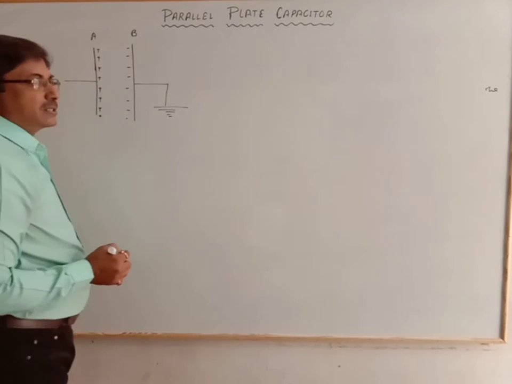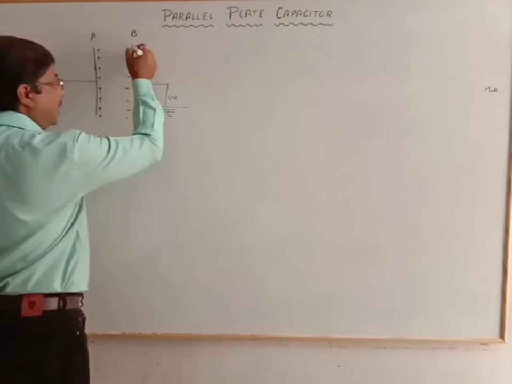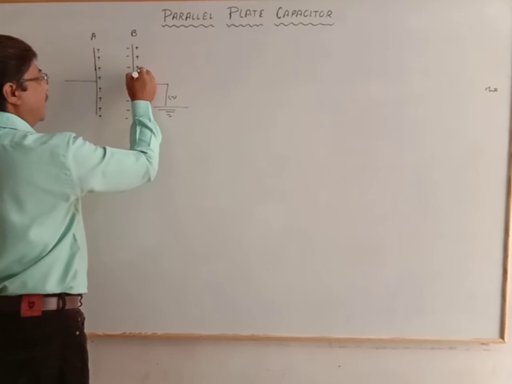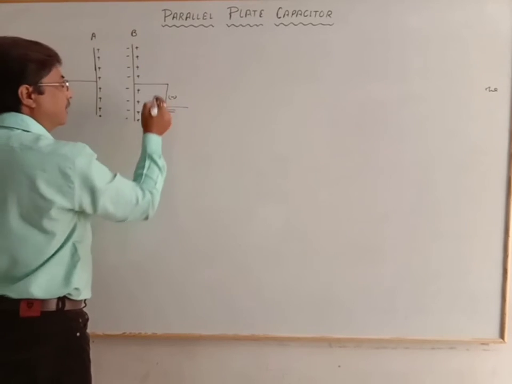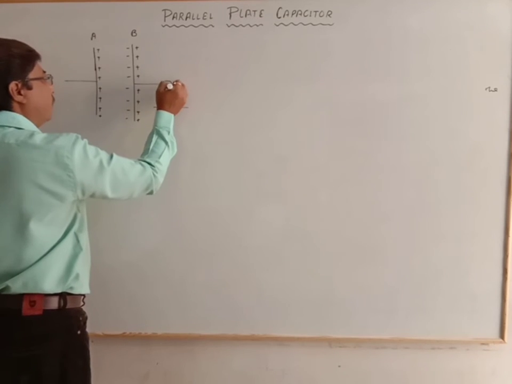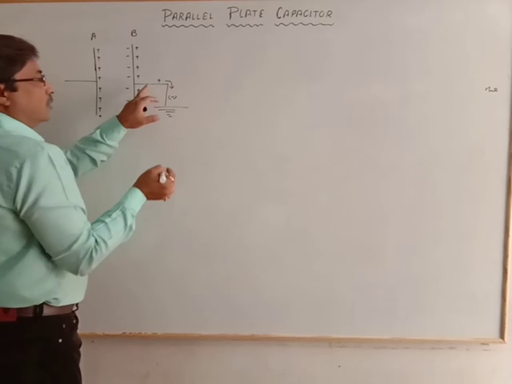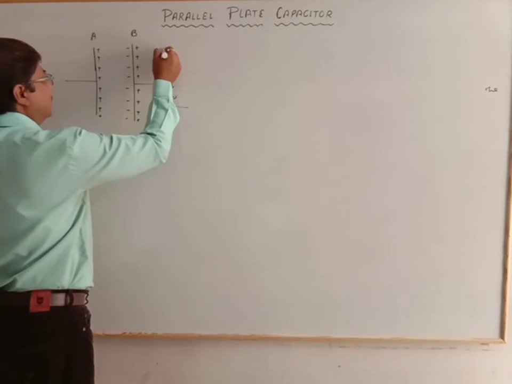In the earlier class I also told that negative charge will move to neutralize the positive charge induced on the outer face, the farther face, of plate B. The positive and negative will move, and the flow of the positive is shown. So in that case there is neutralization.